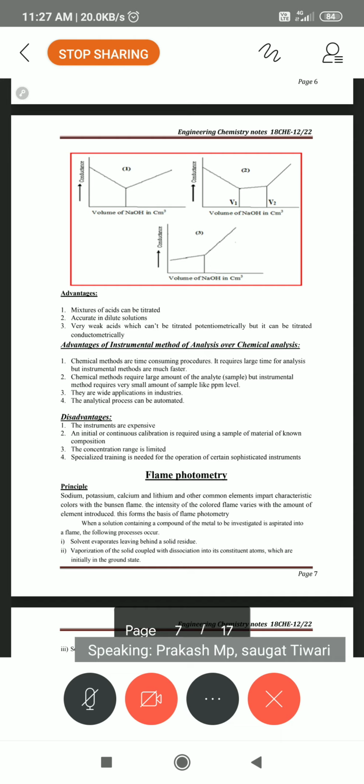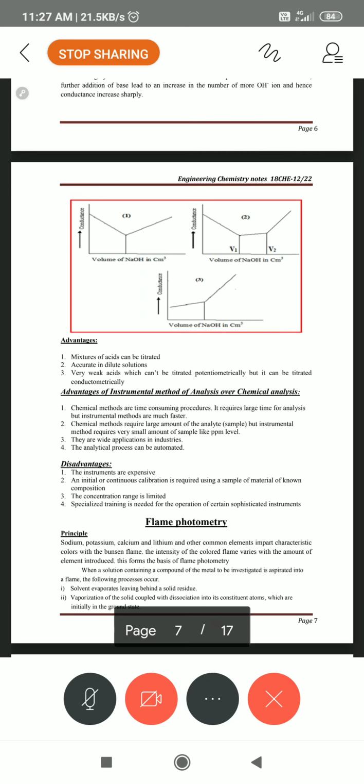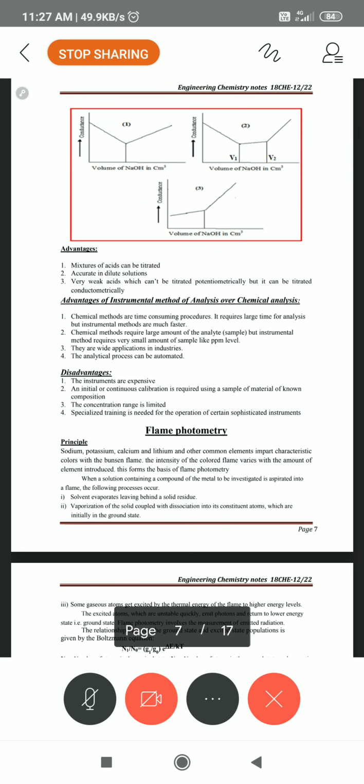I think you got it. In the same way, 1 gram is expressed as 1000 milligrams. So you can write that 1 gram dissolved in 1 liter is the same as 1000 milligrams dissolved in 1 liter, because 1 gram is equal to 1000 milligrams.